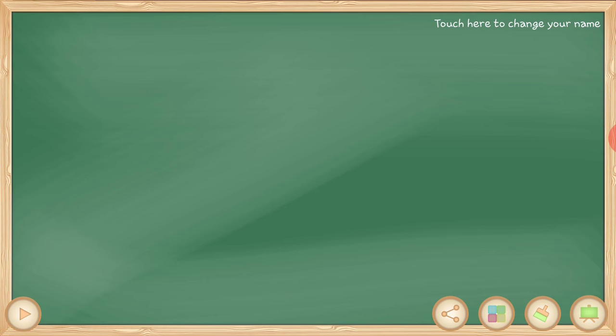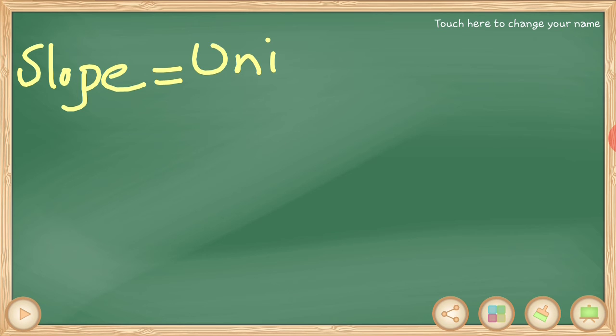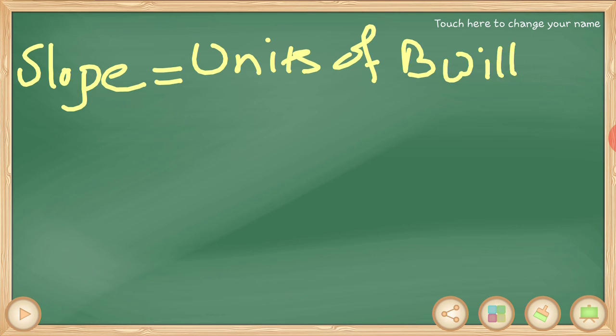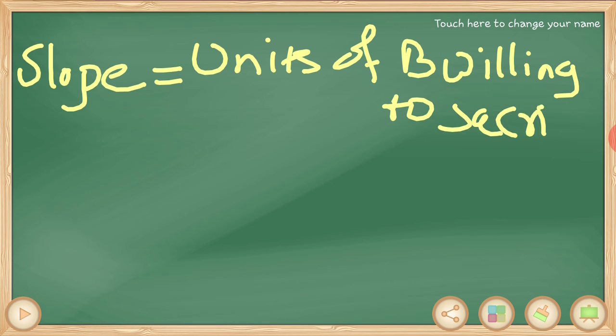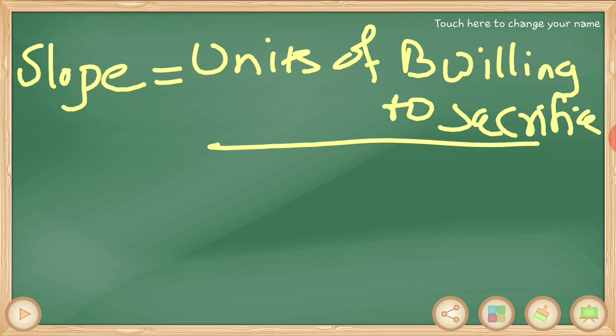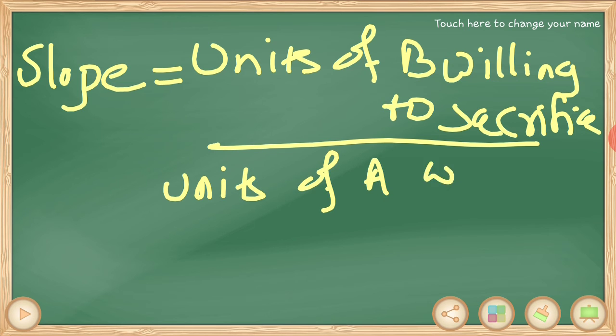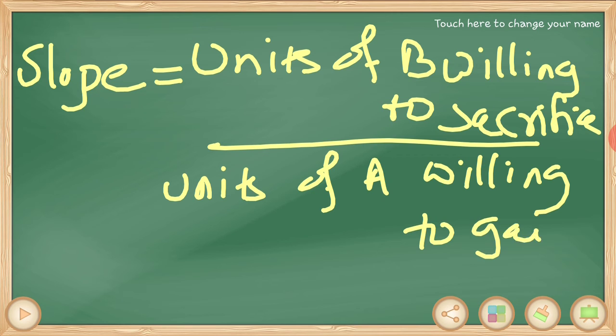Therefore, the slope of the budget line is calculated as units of bananas willing to sacrifice, in our example, divided by units of apples willing to gain.